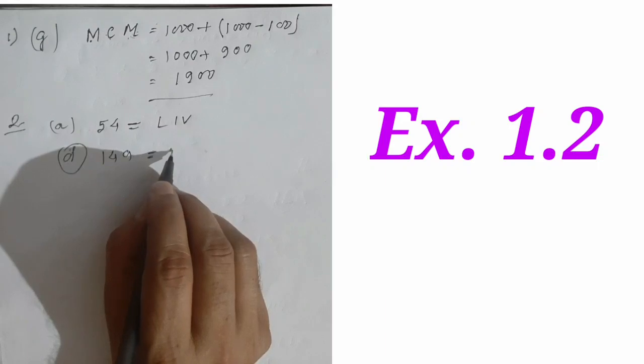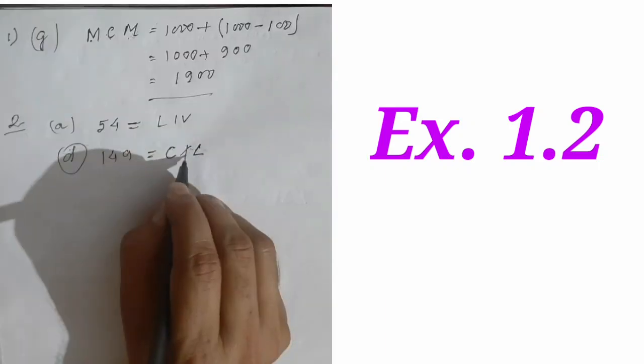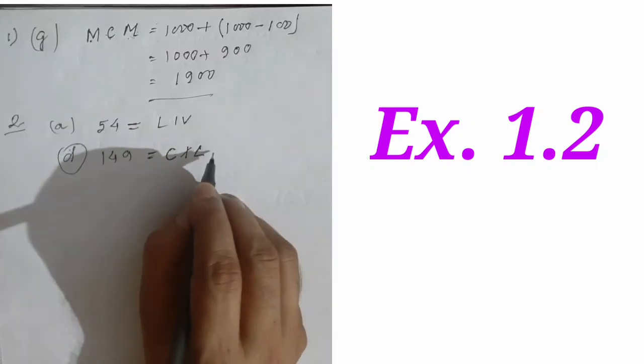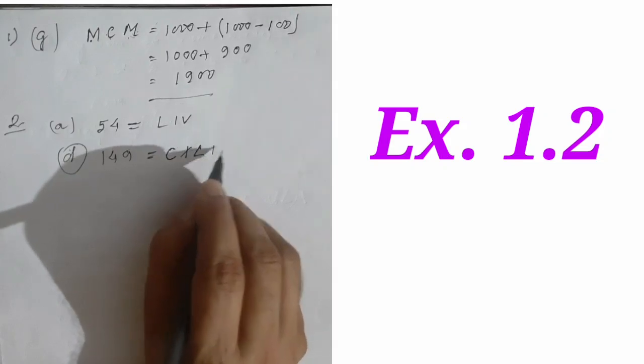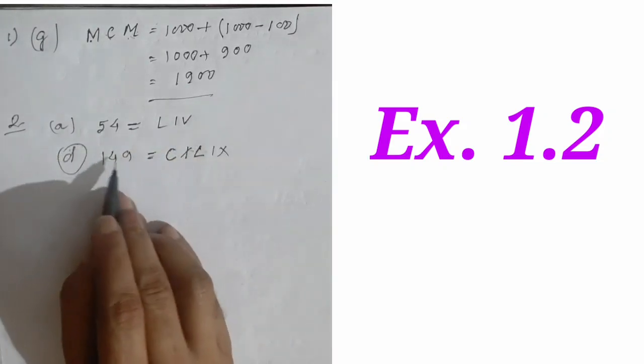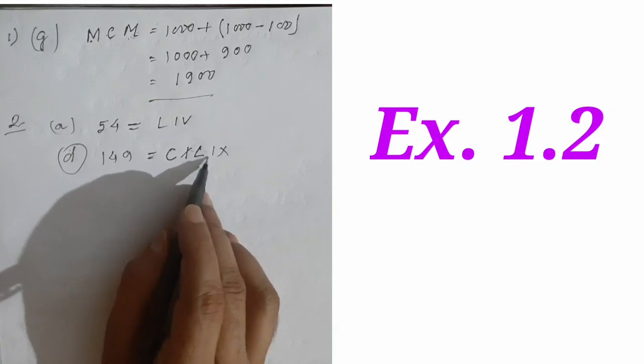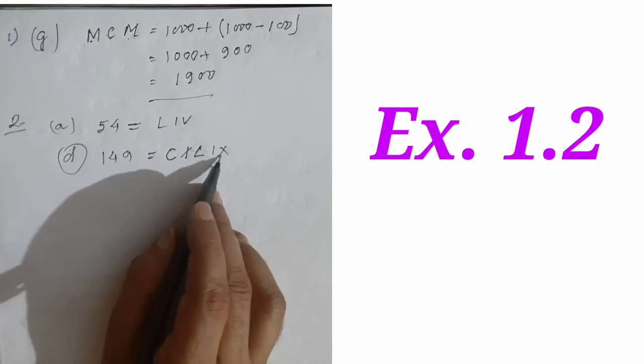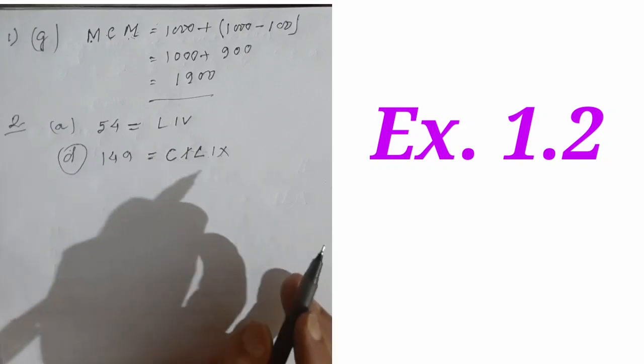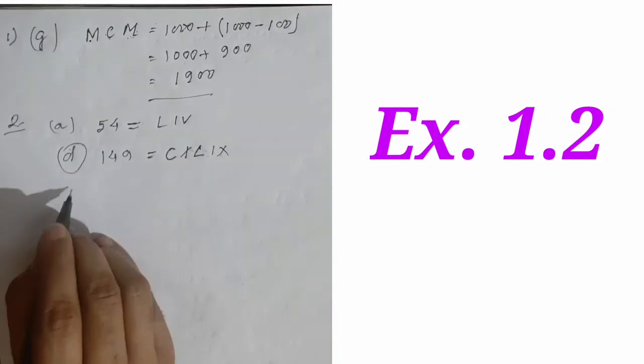So 100 is C. XL is 40 and then 9 is IX. So 149 is CXLIX.